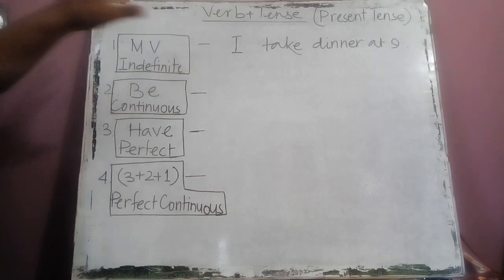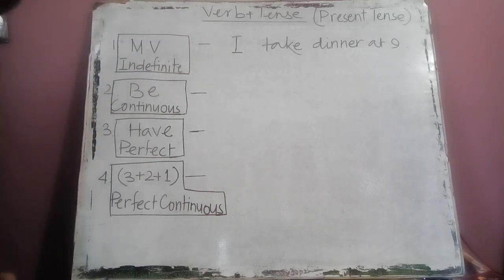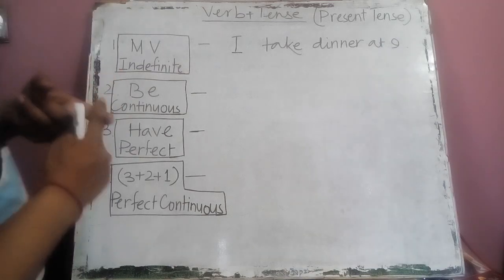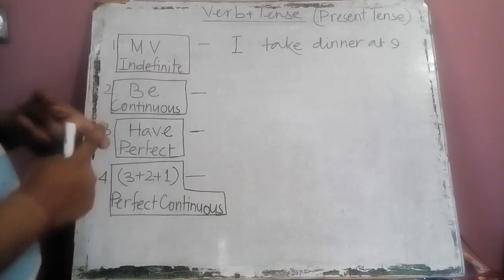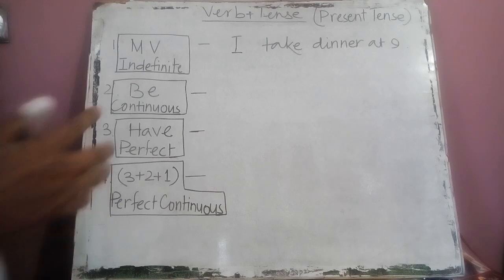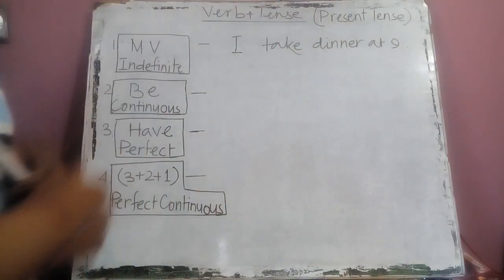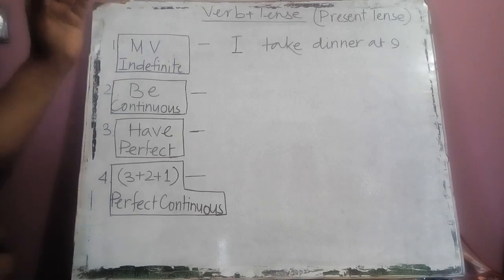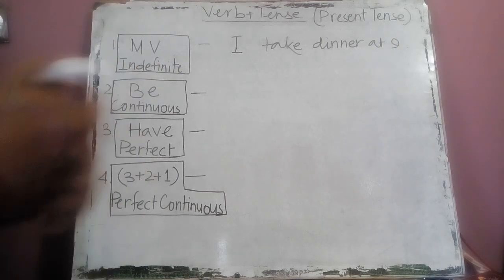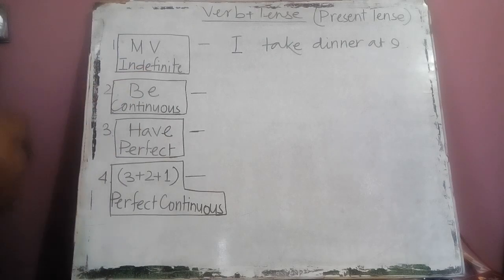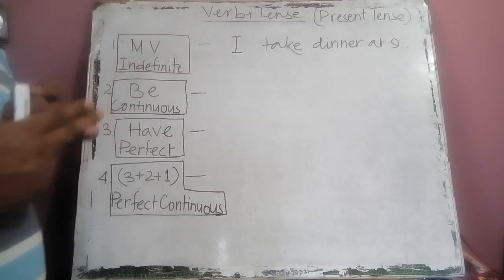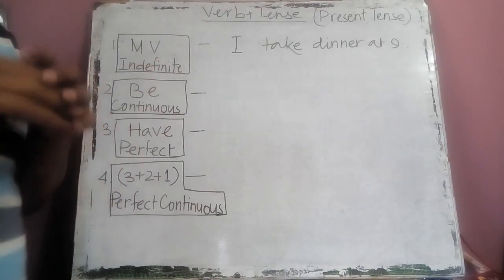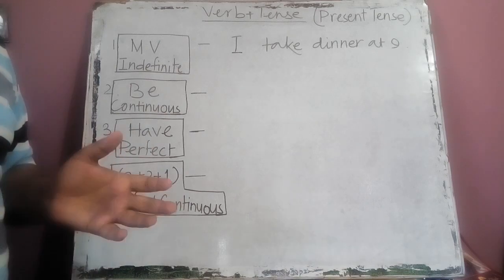So in the case of indefinite, it's a repetition of an activity. Which activity? Taking dinner. At a particular time you take dinner, and this action gets repeated time and again. So always remember, repetition is indefinite.